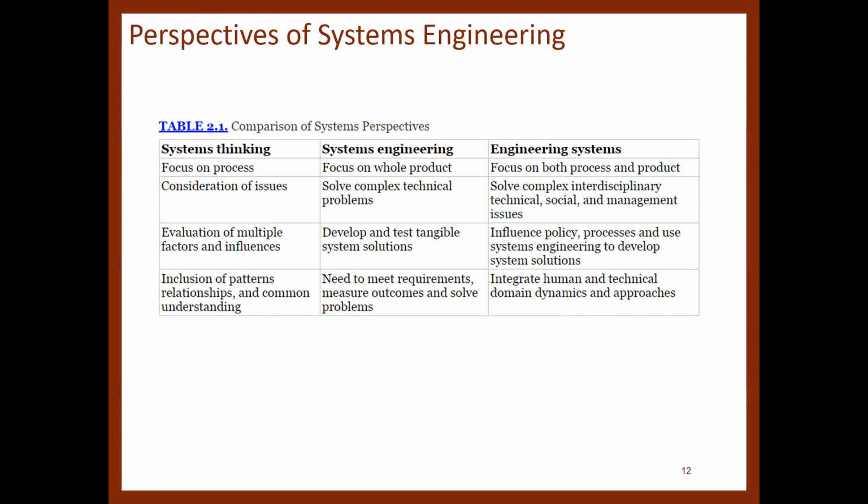So going back to these three perspectives of systems engineering, or this comparison of system perspectives, like the one shown in table 2.1. Again, systems thinking focuses on process, the consideration of issues, evaluation of multiple factors and influences, and inclusion of patterns, relationships, and common understanding.